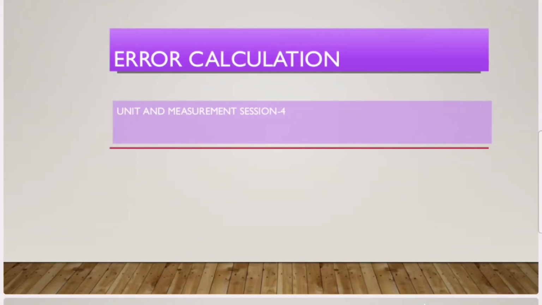Whenever we are making a measurement, we are also making an error. And it is important to understand the amount of error that is present in our measurement, and it is also important to understand the extent up to which we can afford the error in our measurement.